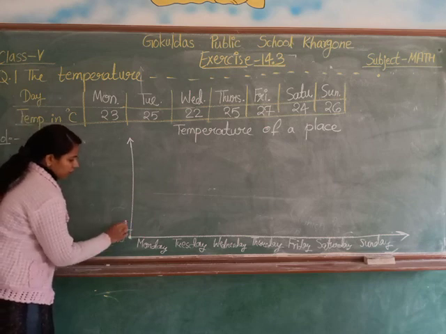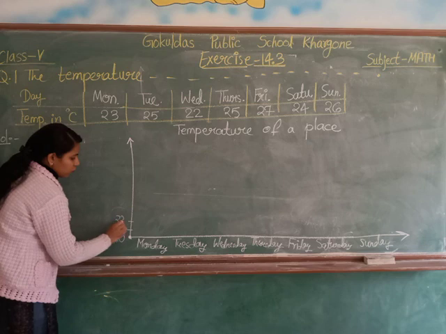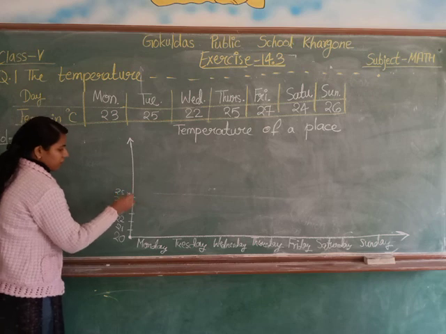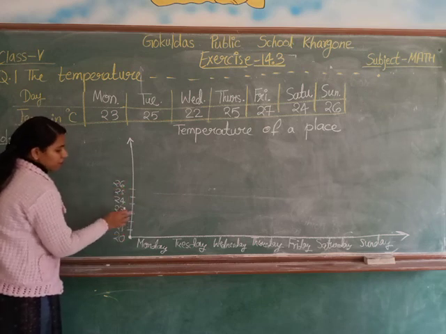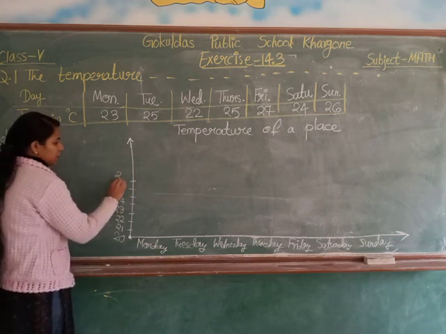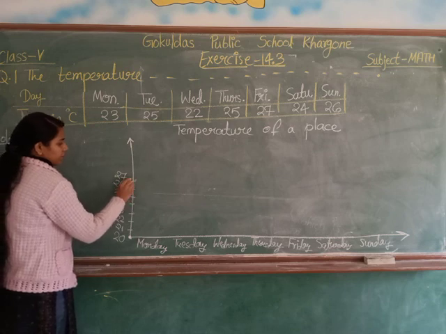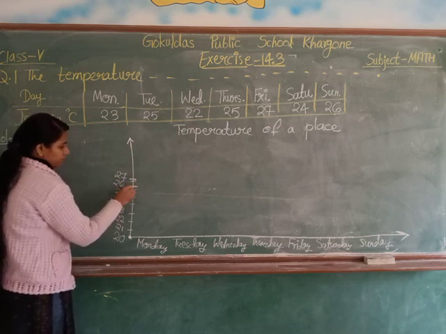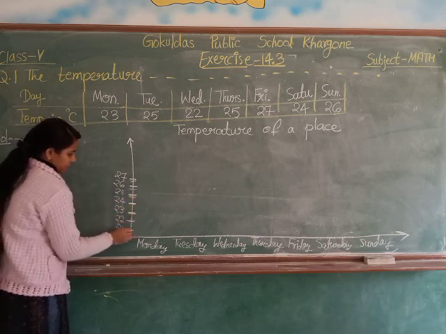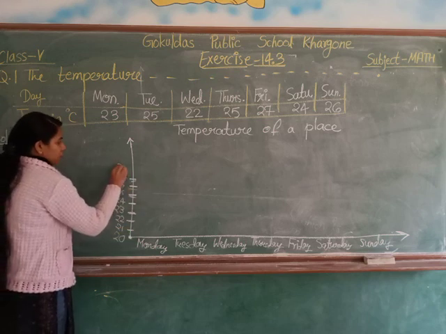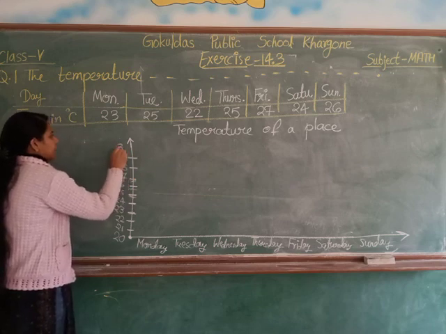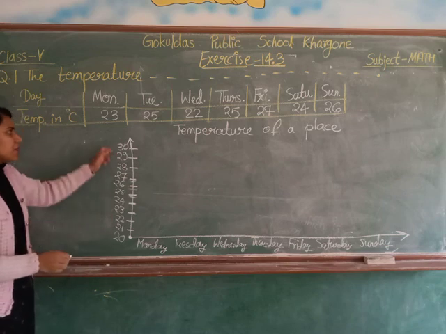Then 21, 22, 23, 24, 25, 26. Remember the gaps between these lines must be equal. Then 27, 28, 29 and 30.